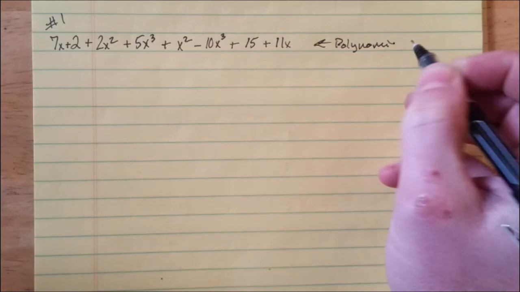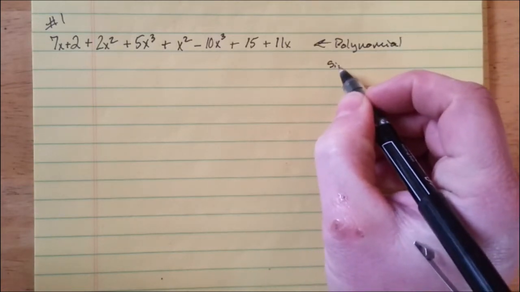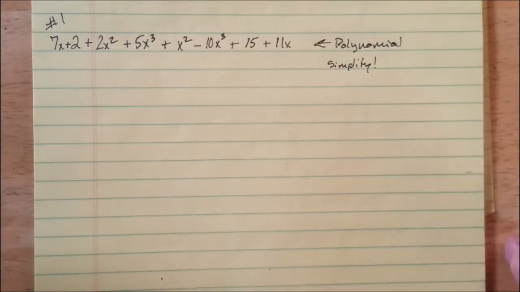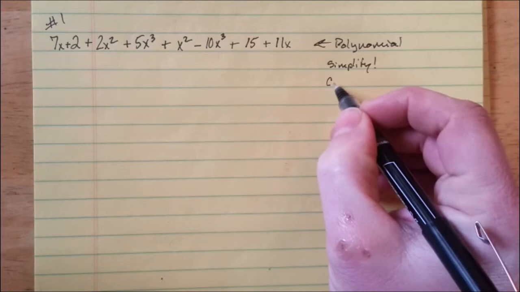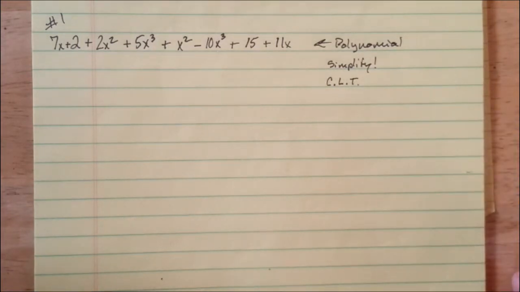And our goal is to simplify this. And how do we simplify? We combine like terms. We make this as small as possible. We put everything together that can be put together.